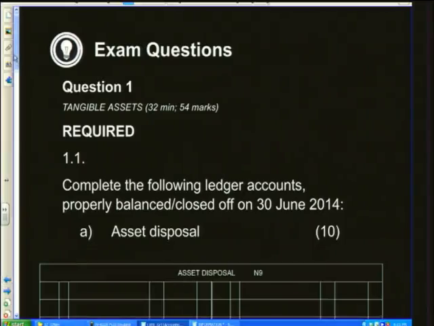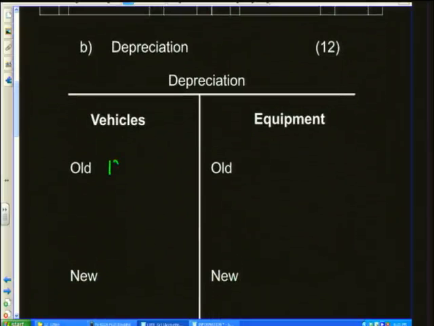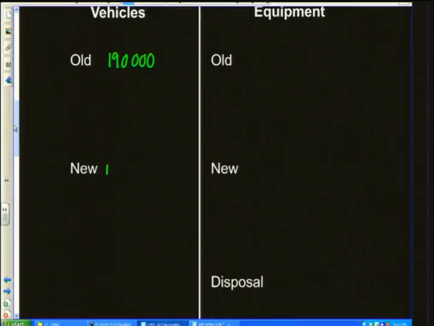Okay, so my old vehicle, an amount of 190,000. And then I've got my new vehicle, my cost price being 110,000.